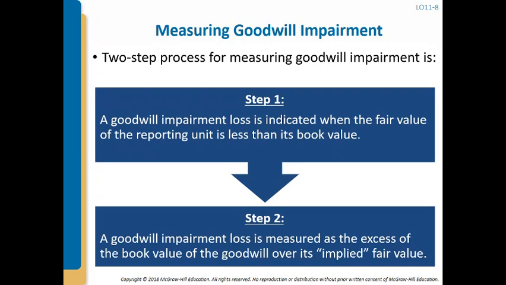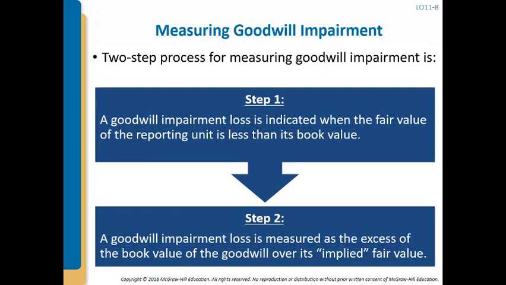And so if that's the case, then you go to step two. And you're going to measure a goodwill impairment loss by comparing the excess of the book value of the goodwill over its implied fair value.